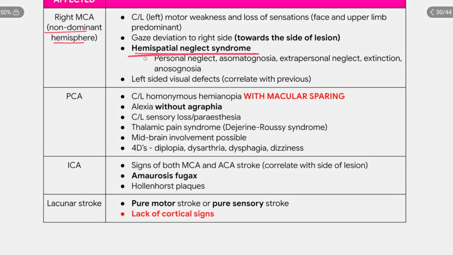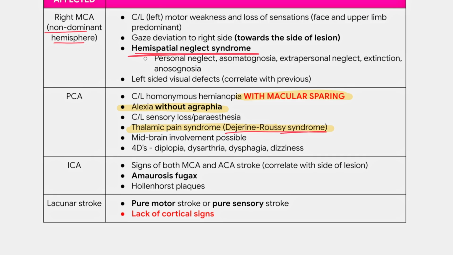PCA, important things: there is macular sparing, there is alexia without agraphia, and one miscellaneous thing is something called thalamic pain syndrome, because PCA gives off branches which supply the thalamus. There can be a thalamus lesion, and when the thalamus is healing, post-stroke, there is increased sensitivity to pain. That leads to thalamic pain syndrome, which is really hard to pronounce.